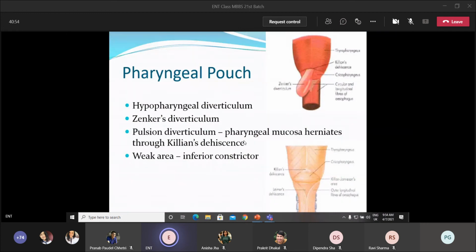Whenever the patient is eating or whenever the pressure increases in the pharyngeal mucosal region, this mucosa herniates and forms a Zenker's diverticulum. Both these thyropharyngeus and cricopharyngeus, they are part of the inferior constrictor muscles, and this area is weak, so from there the mucosa herniates.